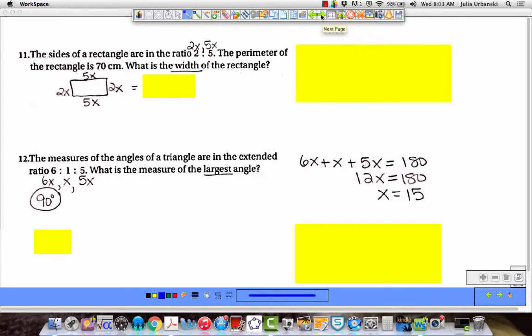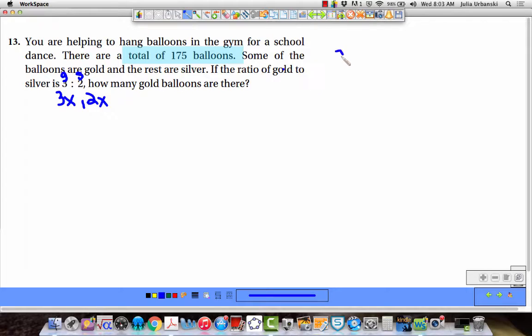So in this case, what are my two parts? 3x plus 2x. And what is the total? There you go. So now solve it and answer the question for the gold balloons. Since they use the word gold first, gold to silver, that means the number that comes first is the gold, the second number is the silver.